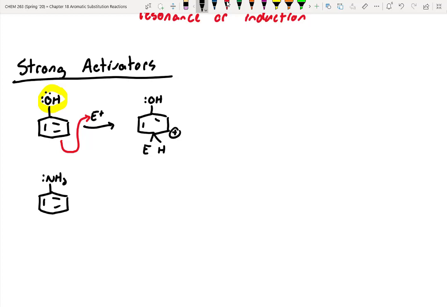But that's okay because we know that with these sigma complexes, we have a lot of resonance that can occur. So let's go ahead and draw the resonance structures for this sigma complex. So I'll go ahead and draw this ring where we move the pi bonds around.